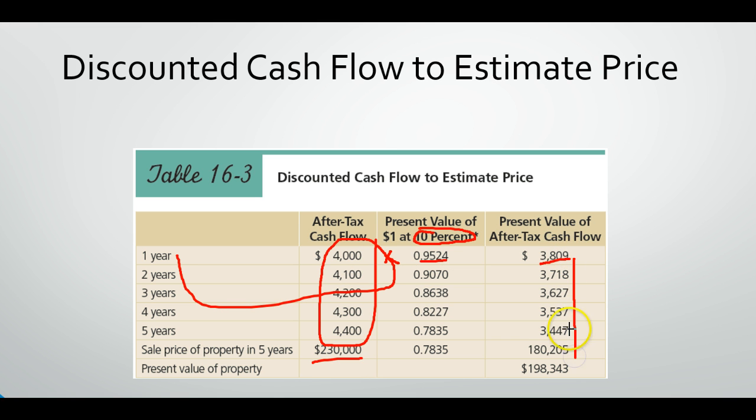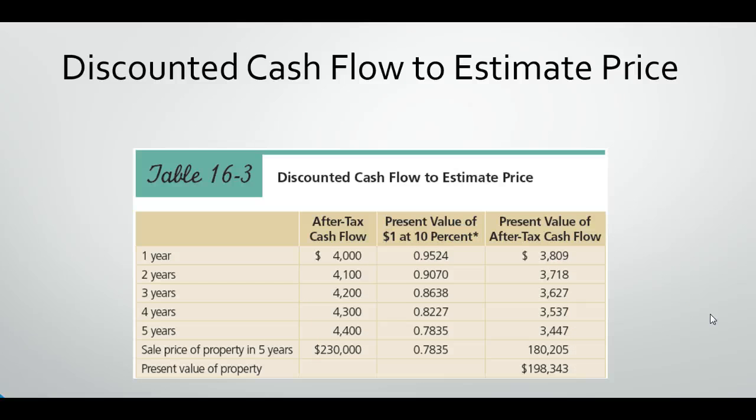And we add these all up, and what this $198,343 suggests to us is that, if we want to have a piece of property that generates roughly $4,000 per year, and we need a 10% return, and we're going to sell this in 5 years, we should pay no more than $198,000 for the property in order to get the mathematics to work out.